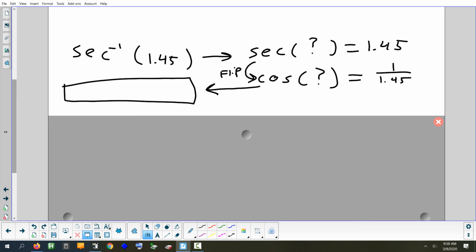And then I flipped both sides. When you flip secant, you get cosine. When you flip 1.45, you get 1 over 1.45. So now using what I just underlined in blue, what do you think I can put in this box to type into the calculator?